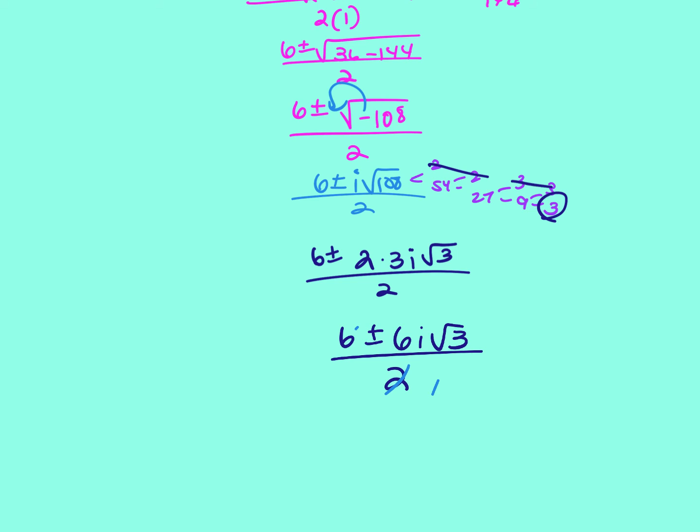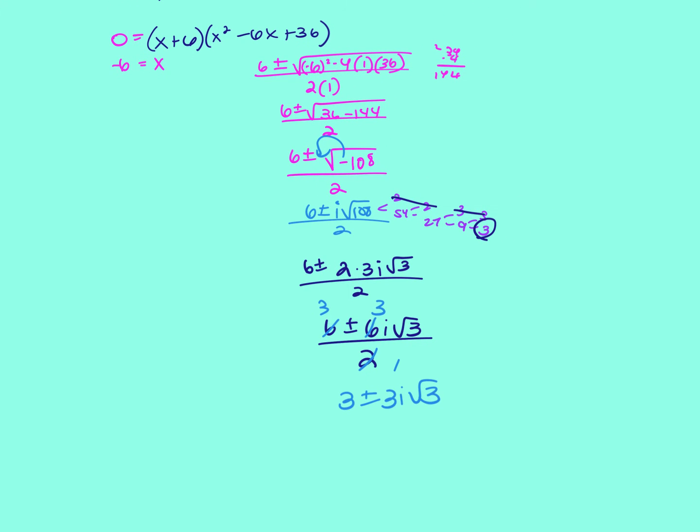And then 2 goes into all 3 parts. And don't forget about your negative 6.